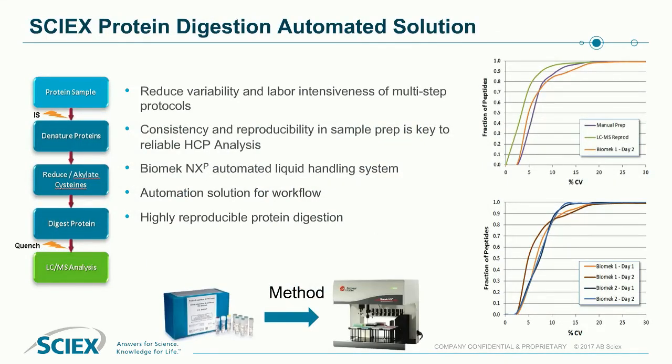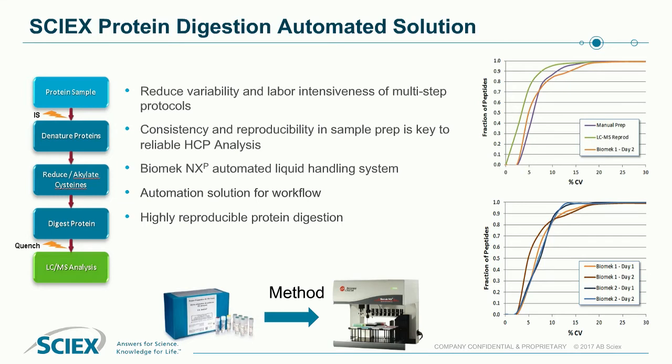So we've been looking at protein digestion and automated digestion using the Beckman Coulter Biomek robots, and we have systems and kits and methods available which allow us to reproduce, with high confidence, the protein digestion across many samples across many days.